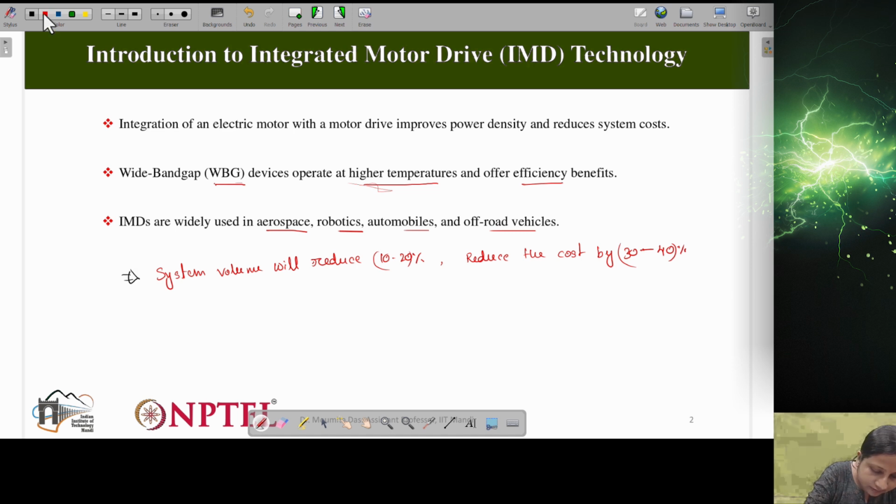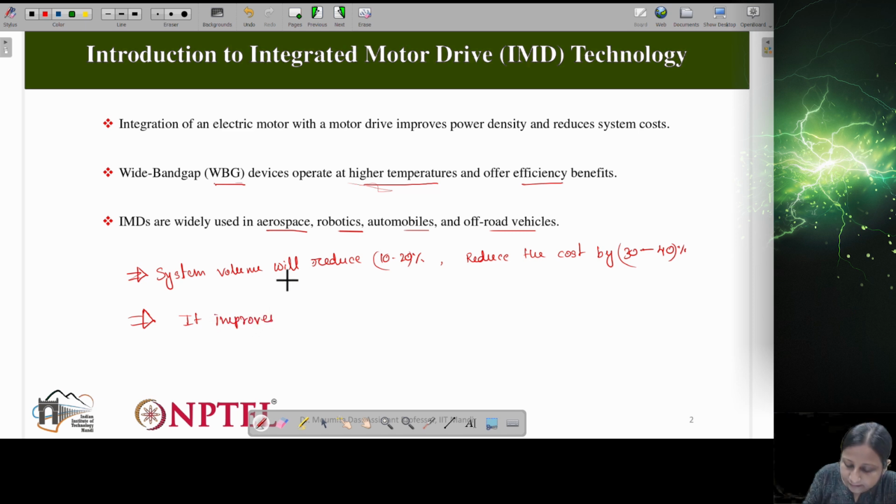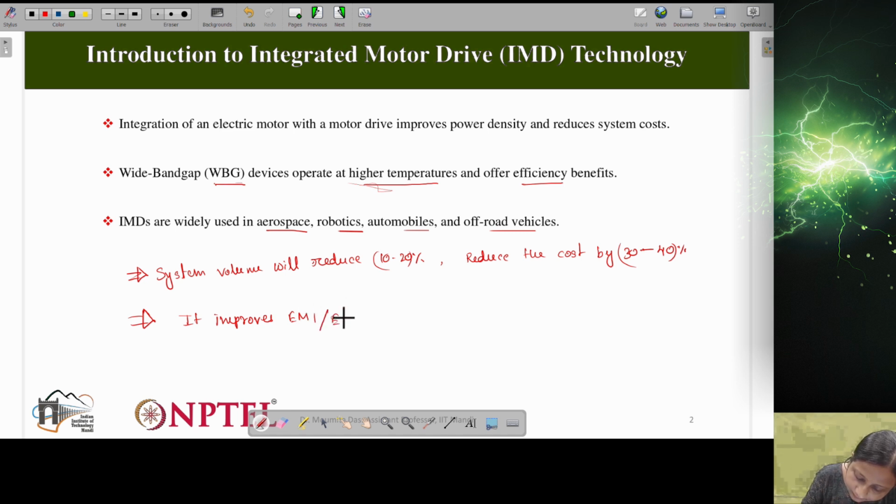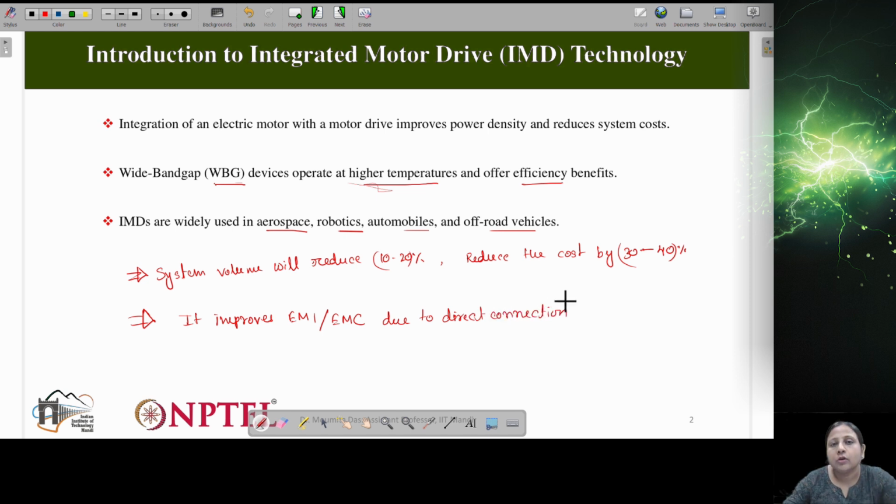So basically it improves electromagnetic interference or EMI and electromagnetic compatibility or EMC due to the direct connection of the drives to the motor, right?